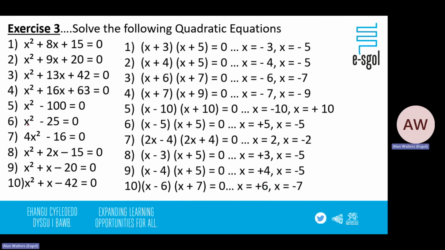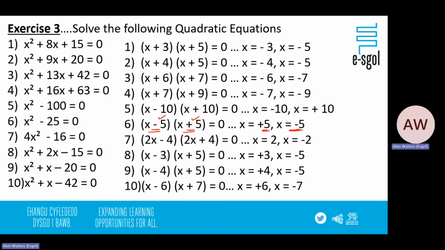So for instance, x squared minus 25, I would factorize that. It's the difference of 2 squares, so it's x minus 5 times x plus 5 equals 0. Right, that would give me 2 marks, and then I make that bracket equal to 0, producing an answer of plus 5. I make that bracket equal to 0, producing an answer of minus 5.